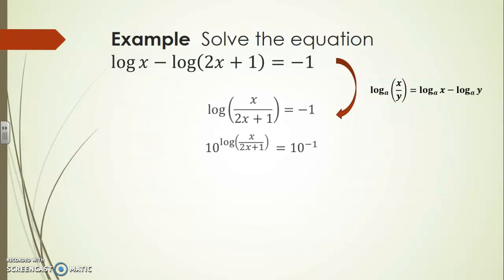Okay, so log of x over 2x plus 1 is meant to be equal to minus 1, so making these the exponent of the same base 10 maintains the equality. Recall how base 10 exponentials and base 10 logarithms are inverse functions and therefore reduces to x over 2x plus 1. As for 10 to the minus 1, that is another way of saying 1 over 10.